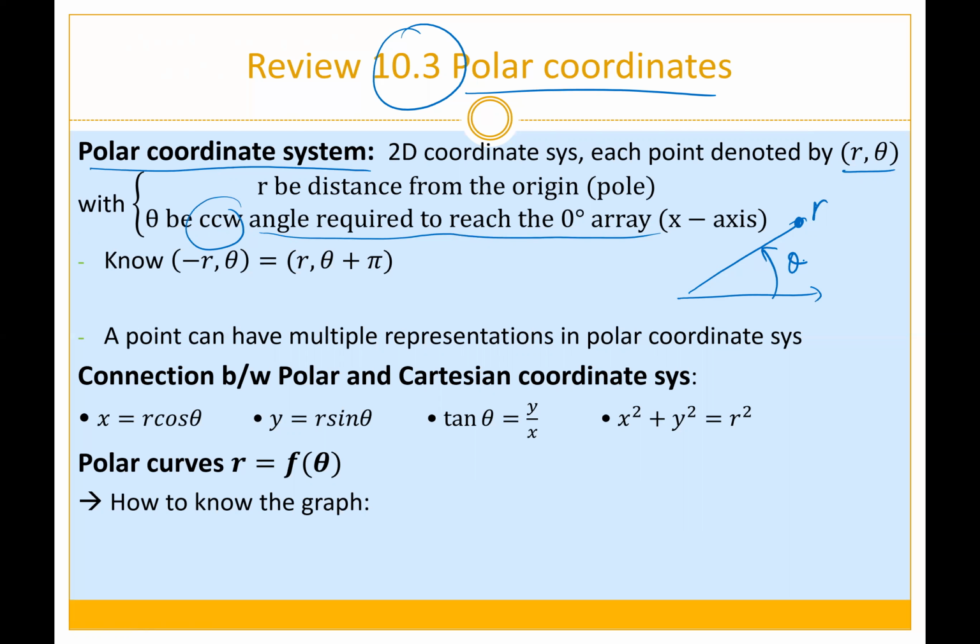Something to relate it: if we draw a graph with negative r and theta, so r is negative, let me redraw it. Say you have negative r with a theta this way.